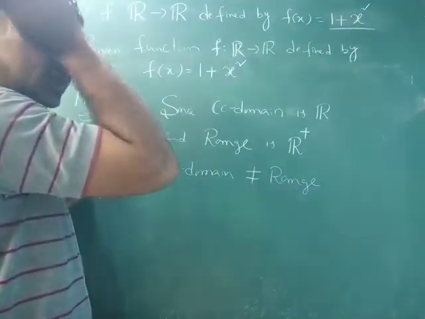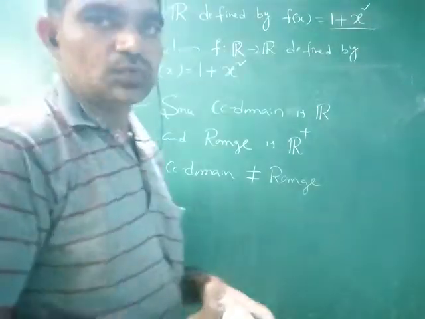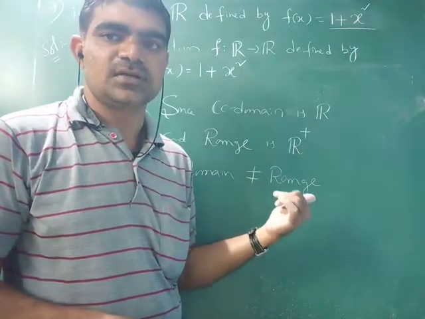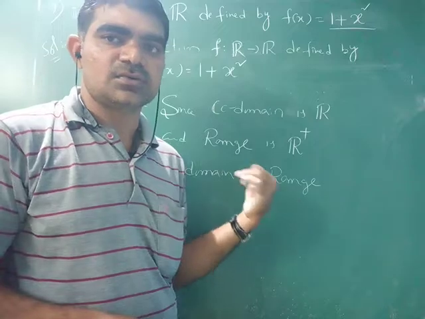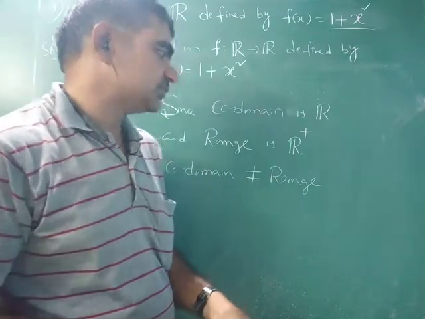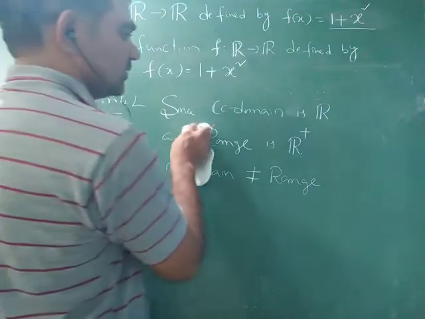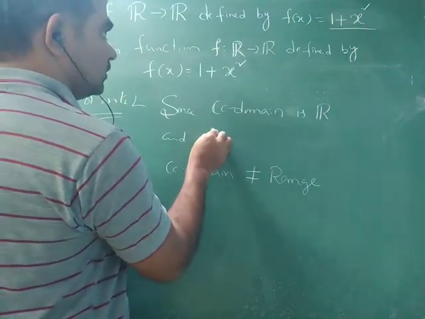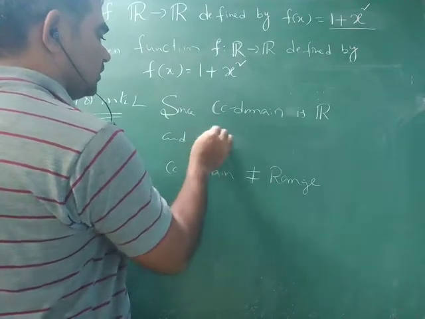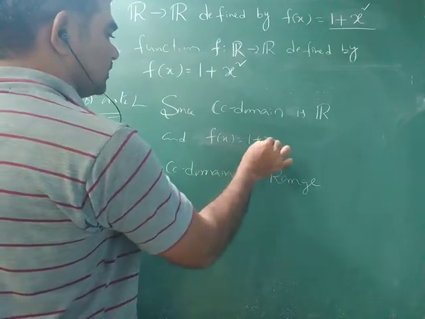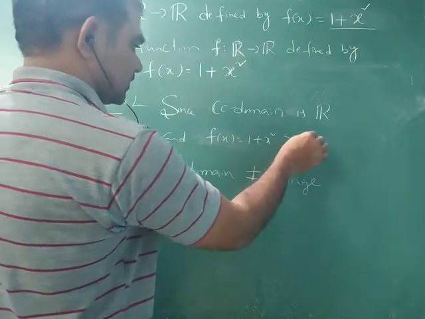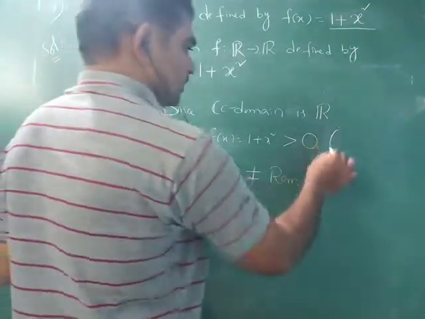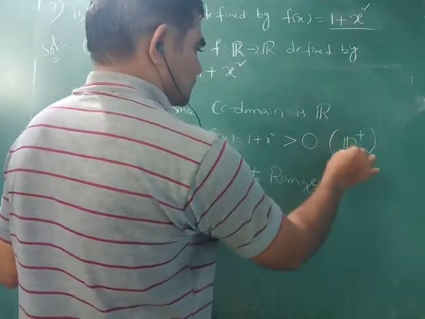1 plus root 2 whole square. 1 by 2 root 2. If you take root 2, how much? 1 by 2 we will get. Minus 1 root 2. Like that. So instead of like this, you write: f of x is equal to 1 plus x square. It is always greater than 0. If you want, write in bracket R plus.